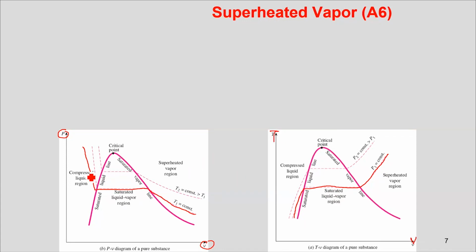Now, in a PV plot, this temperature is essentially the saturation temperature, and this pressure is essentially the saturation pressure, and this temperature essentially is the saturation temperature.